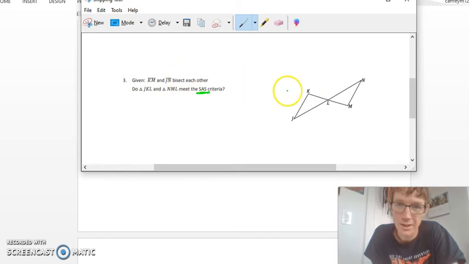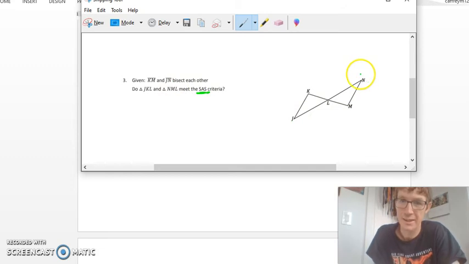So basically what it says is that KM, which is this line here, and JN, this line here, they bisect each other. So if you remember when I taught you guys what a perpendicular bisector was, that means it's a line that cuts itself in half at a perpendicular. This is just a bisector.